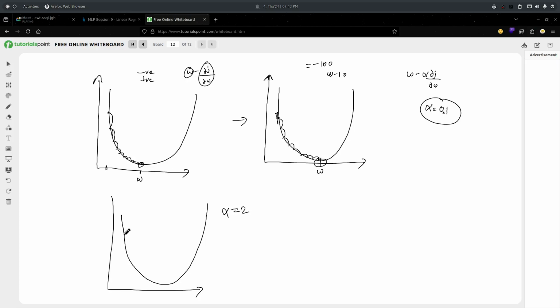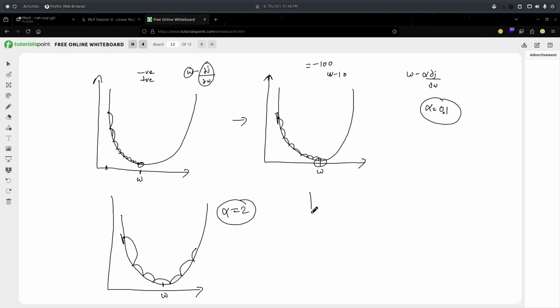Whatever slope I get for the point w here, it gets scaled by 2 and takes a bigger step, and then again. Suppose our minimum value of w is here, but because of this higher value, it crosses the minimum. This is overshooting the minimum, and it keeps doing the same thing again and again.